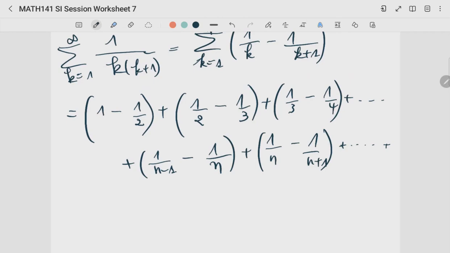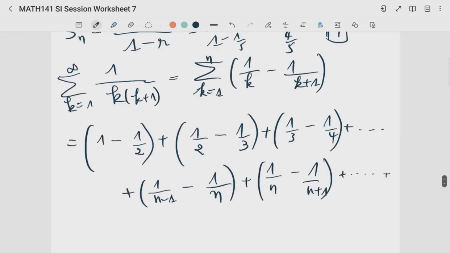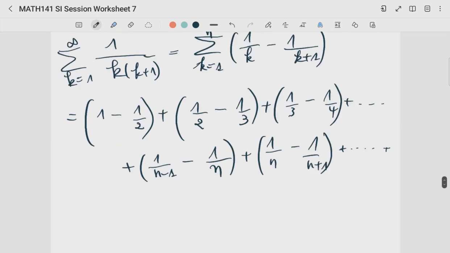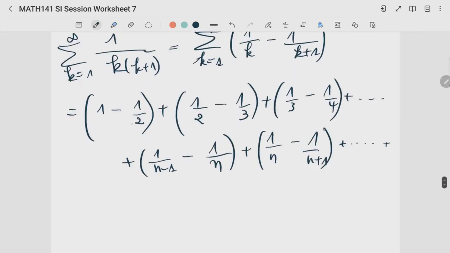What's more important is that, as k tends to n, you can clearly see that 1/2 will cancel with that one, that with that one, 1/4 with the term that comes after it.